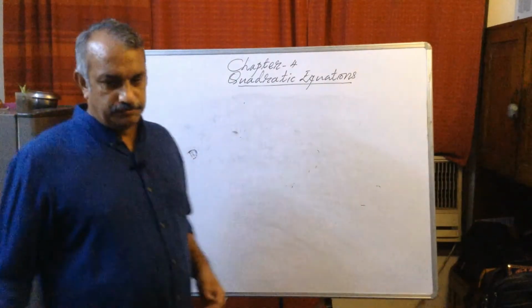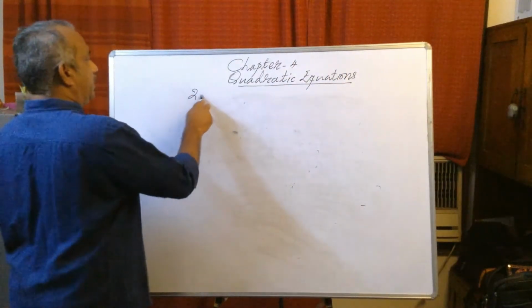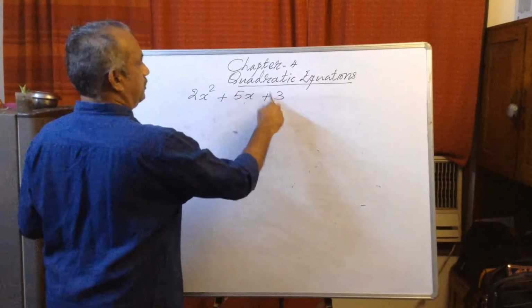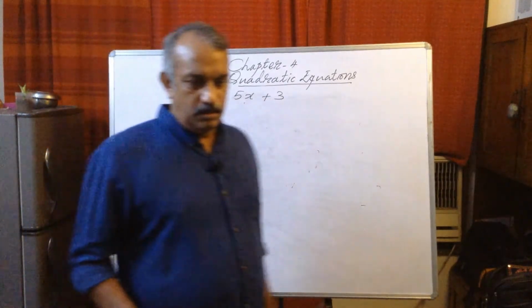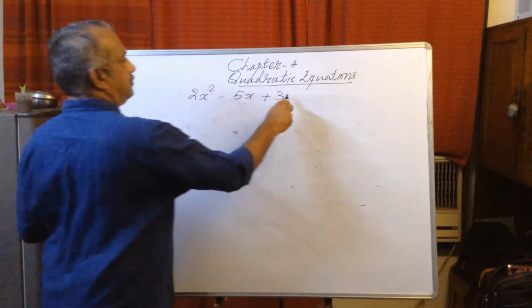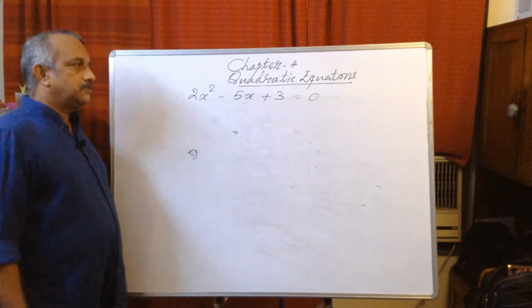So let us take one case, 2x square minus 5x plus 3 is equal to 0. This we are going to do by completing the squares.